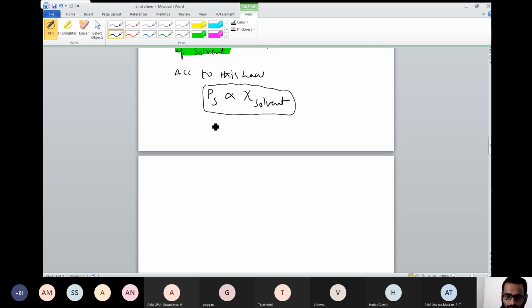So here I can write, therefore, PS is equal to some proportionality constant K into mole fraction of solvent. Got it? This is the final relation. Of course, our derivation is not yet completed, but we have one important relation here: PS equals K into mole fraction of solvent.